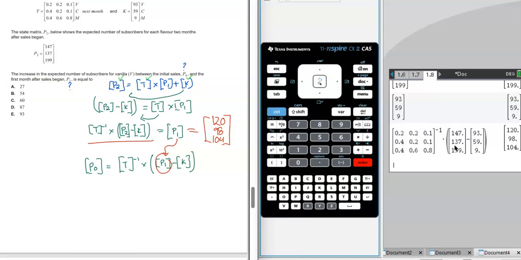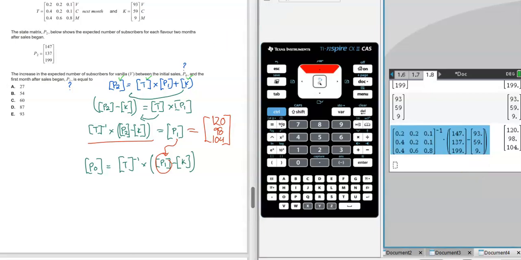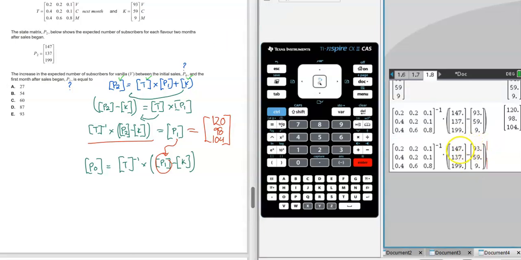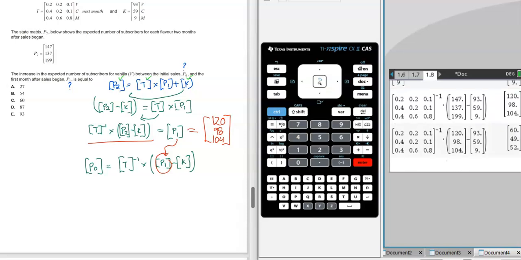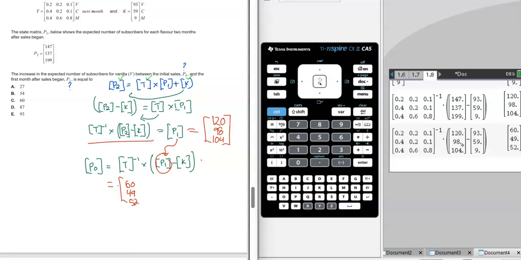So I'm going to go back to my calculator, highlight that, and change this one to P1, which was 120, 98, and 104. So you do it again, and here you get P0. So P0 would have equaled 60, 49, and 52.